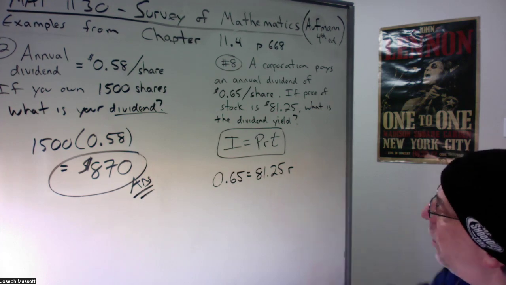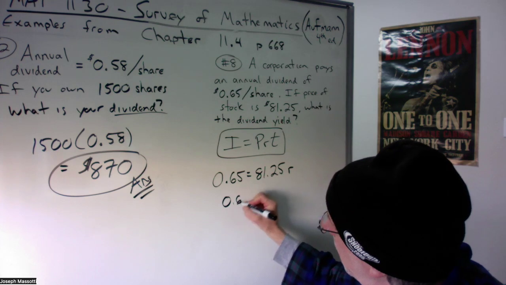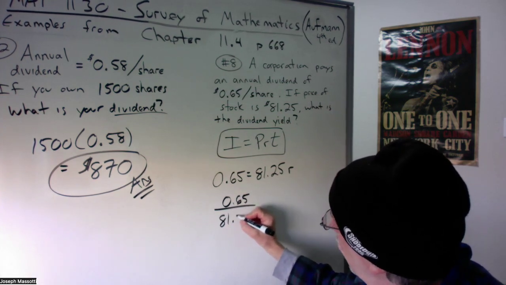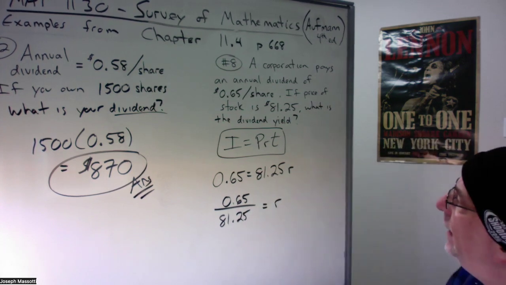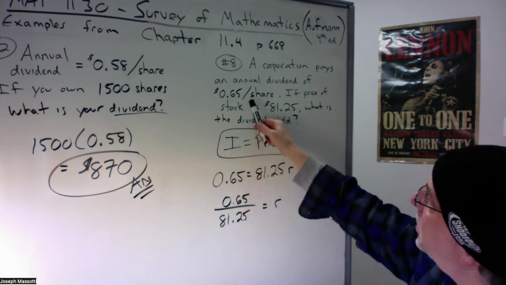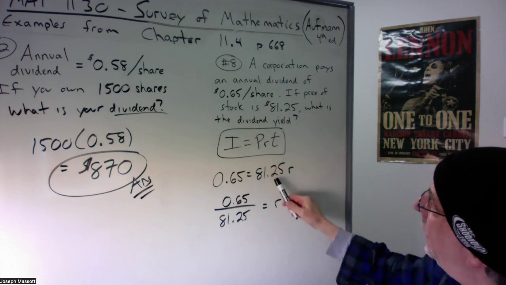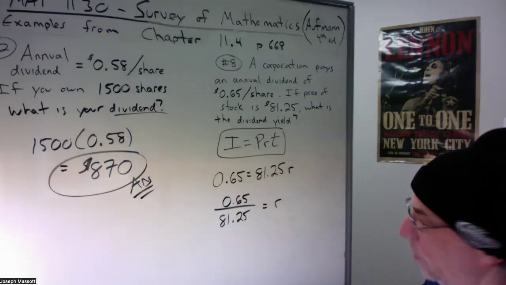So all we're doing now is solving this for R. All we're going to do is divide 0.65 by 81.25, and that's going to give us our dividend yield. Here I is the annual dividend per share, P is the stock price, and R is what we're looking for.